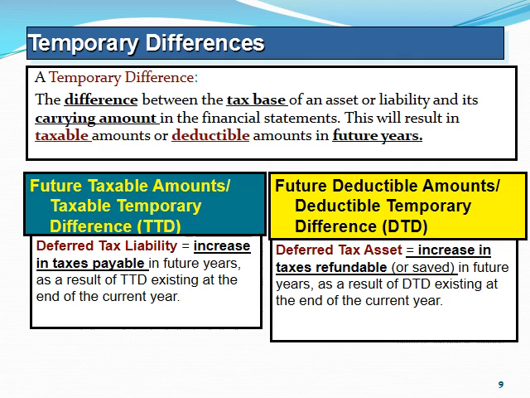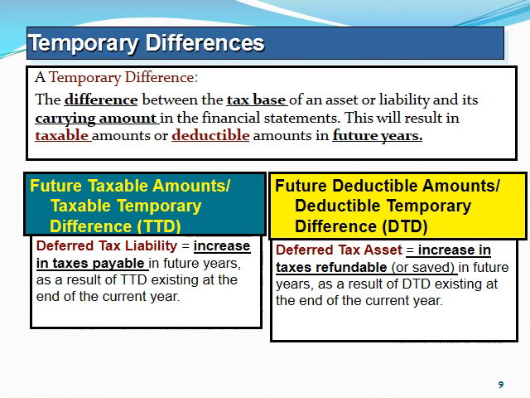If a company has a TTD existing at the end of the current year, it means that they will have to recognize a deferred tax liability that represents an increase in tax payable in future years.